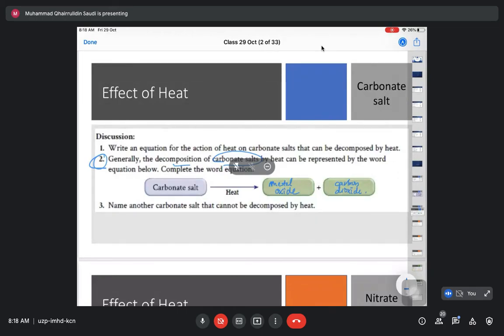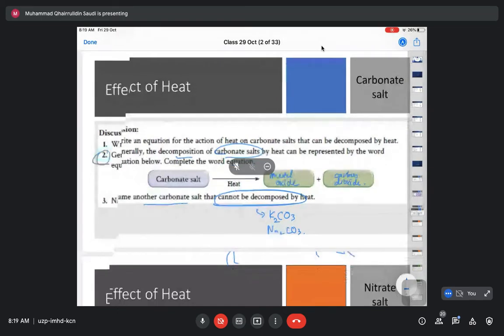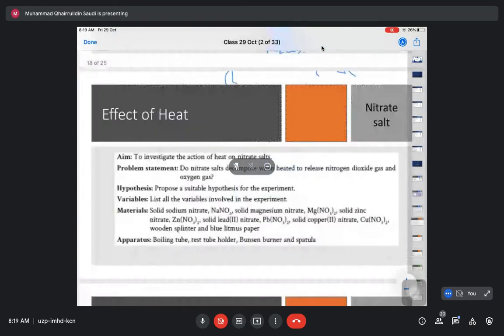Name another carbonate salt that cannot be decomposed by heat. Potassium carbonate. Satu lagi, sodium carbonate. Okay, habis carbonate salt. Next one is kita nak tengok pula bila kita panaskan nitrate salt, apa pula yang jadi. Okay, to investigate the action of heat on nitrate salt.